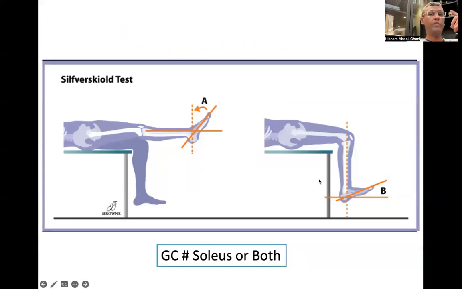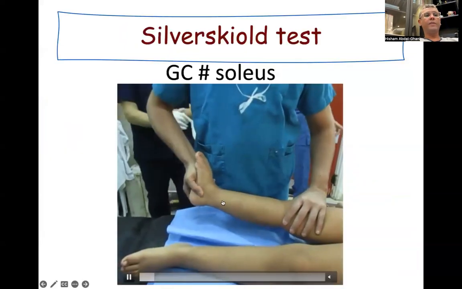If we have shortening of the tendon Achilles, both gastrocnemius and soleus, then the equinus does not correct with flexion of the knee. But if it is shortening only of the gastrocnemius, then there is correction of the deformity, and dorsiflexion could be achieved with flexion of the knee.